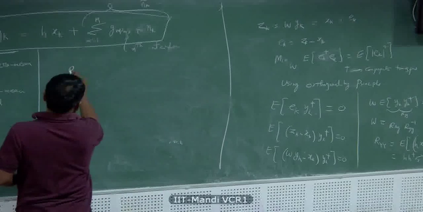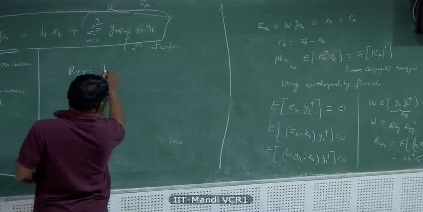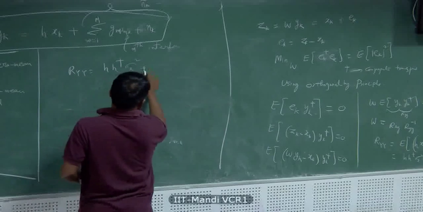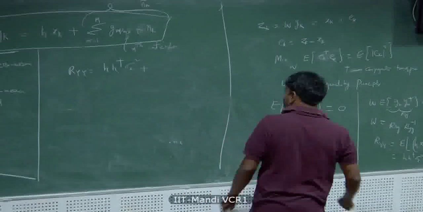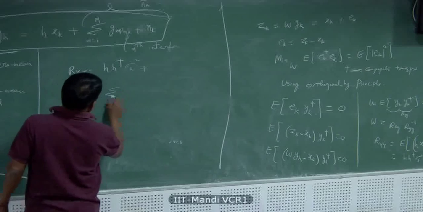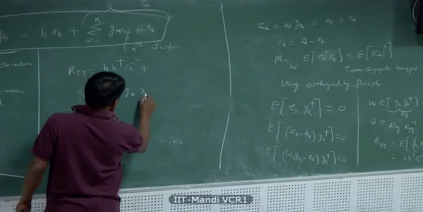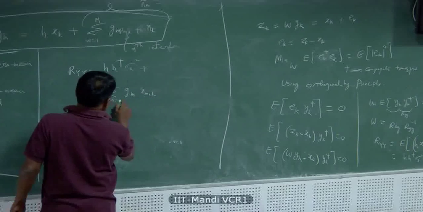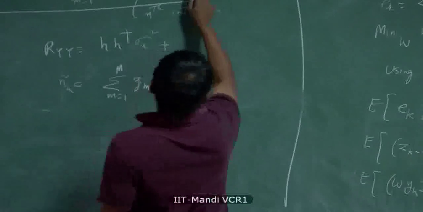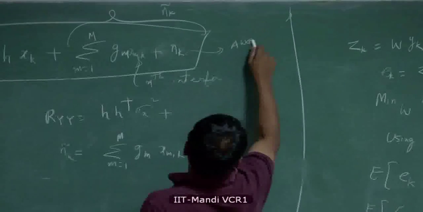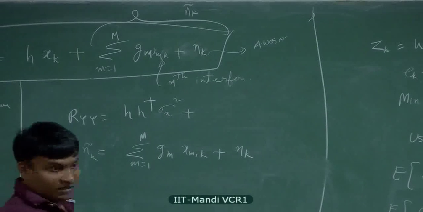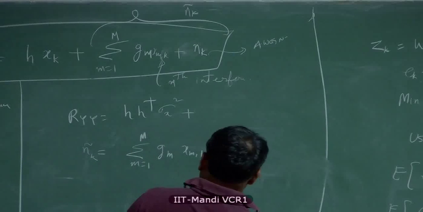So RYY is H Hermitian sigma x square plus, and we said n tilde is, let's expand what n tilde k is. And by the way, nk is AWGN by default. Additive white Gaussian noise, standard AWGN.